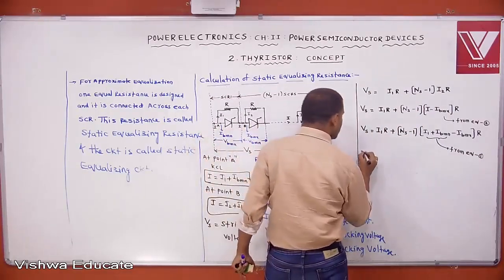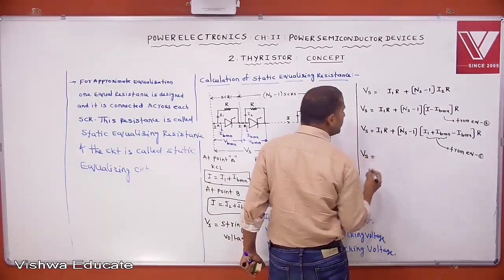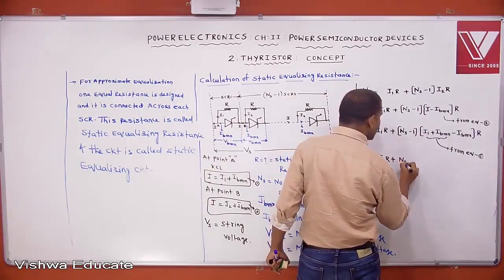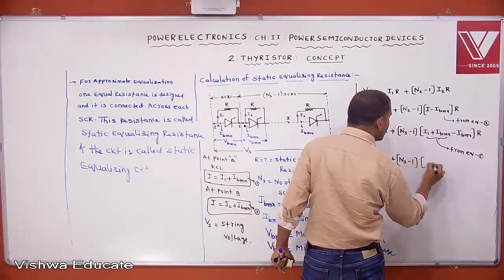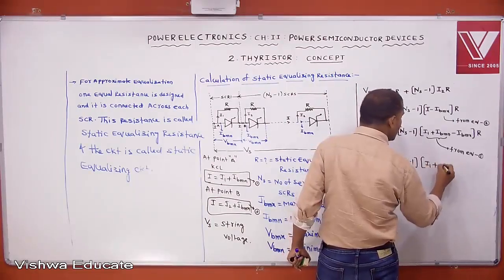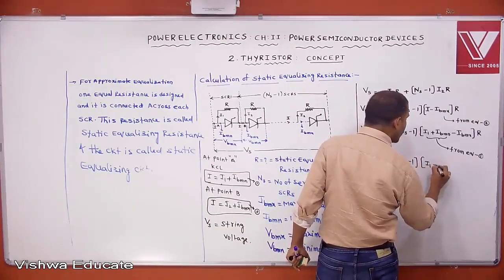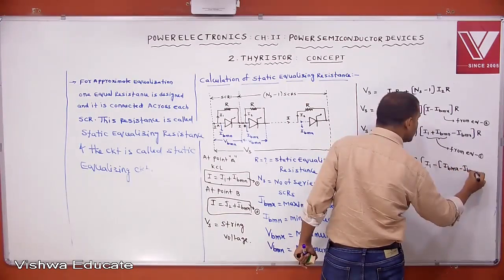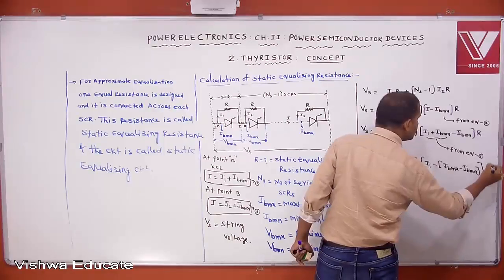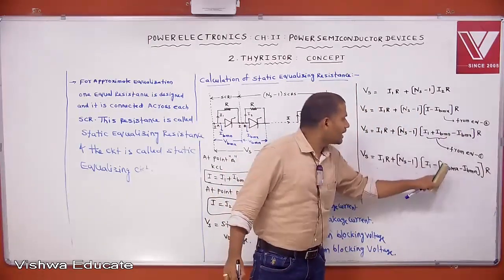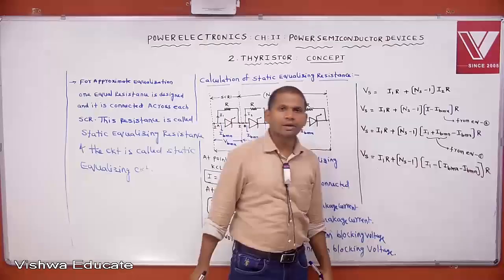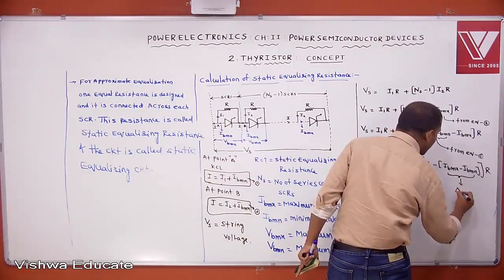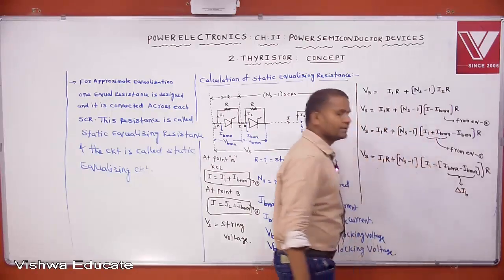Then we can simplify this. The total string voltage Vs equals I1 into R plus Ns minus 1 into this, which I have written like this: I1 plus, taking minus common, IBMX minus IBMN, into R. Taking the minus as common, then IBMX minus IBMN into R. This IBMX minus IBMN is delta IB, the change in current.